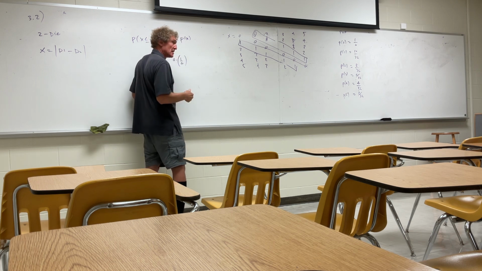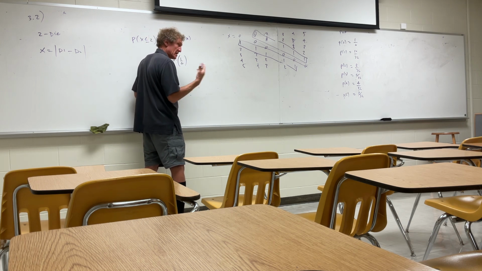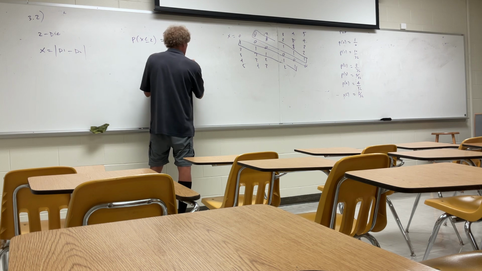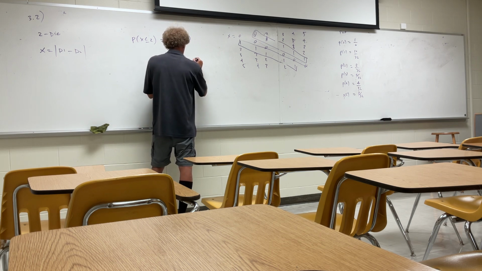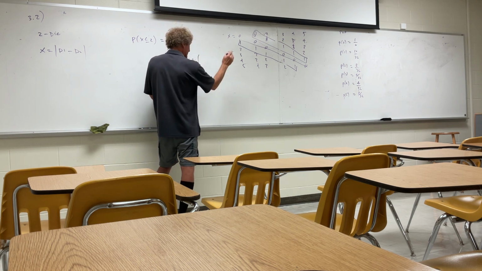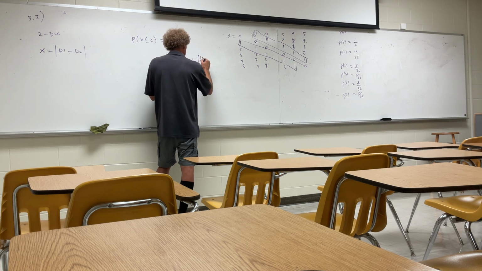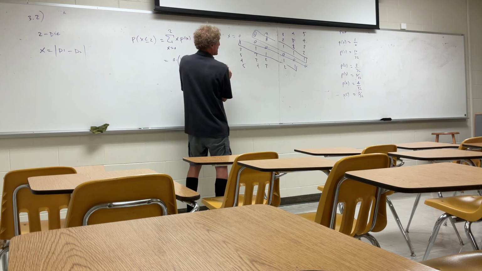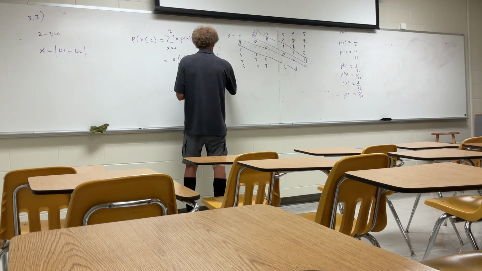That's 0. Do you agree with that? Plus 1 times 10 over 36. And finally, plus 2 times 8 over 36.